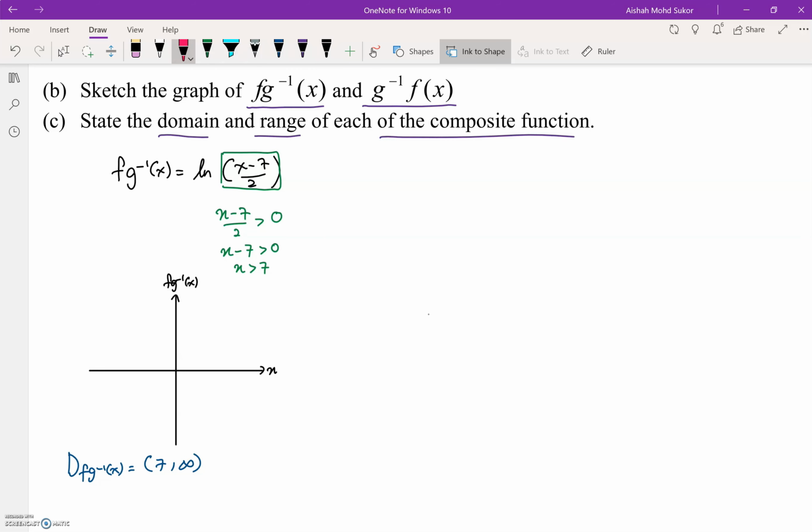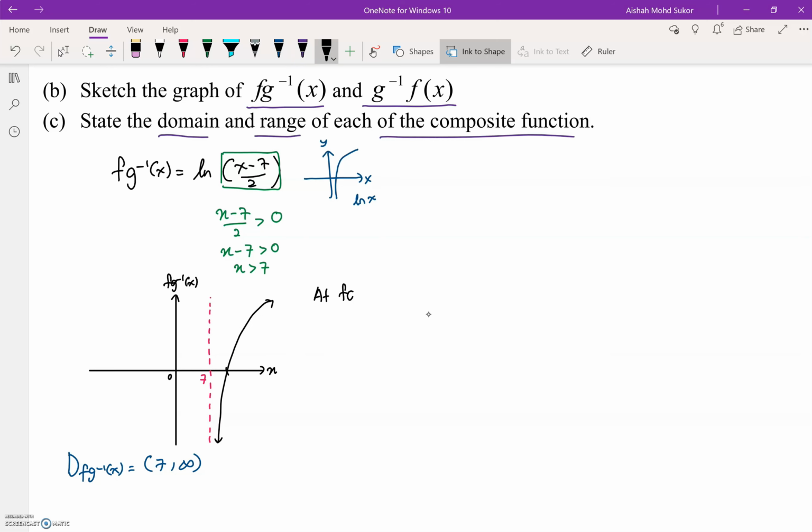We know that our function exists at x greater than 7. So it means that we will have a vertical asymptote at x equal to 7. By looking at the function, we have a positive ln and a positive x here. This is the basic shape for ln x. Therefore, our graph will be like this.